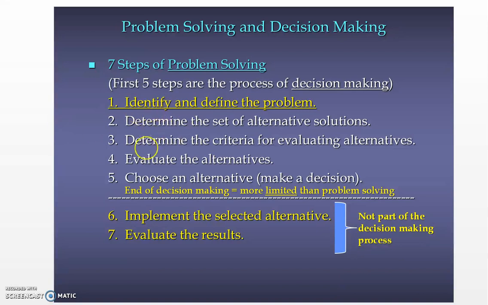Secondly, we want to understand the potential for alternative solutions, and we can use some of these techniques to help us develop that. Thirdly, we want to identify the criteria for evaluating those alternatives. Let's just say you want to make a choice in terms of where you want to go for lunch. Number 2 would say, well, I can go to Wendy's, I can go to McDonald's, I can go to a deli, I can go to a fancy restaurant. The third question would be, well, what's the criteria I'm going to use to evaluate those? Is it going to be based on cost?